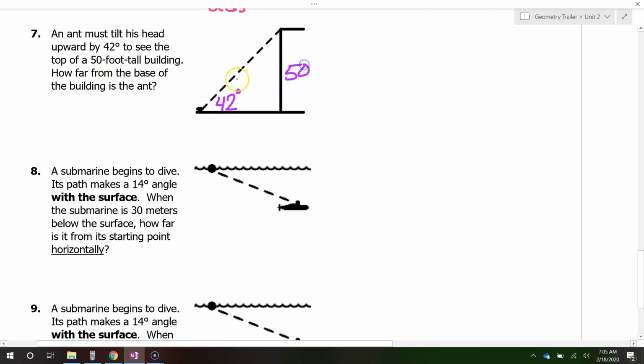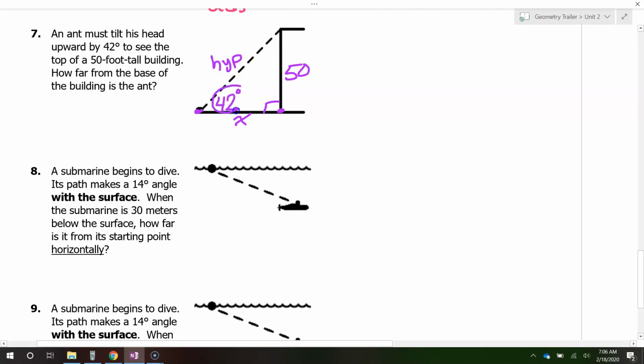So the 50 goes here, that's the building. How far from the base of the building is the ant? Well, here's the ant, and here's the base of the building. So this x represents the distance between them. Here's my 90-degree angle, which means here is my hypotenuse.